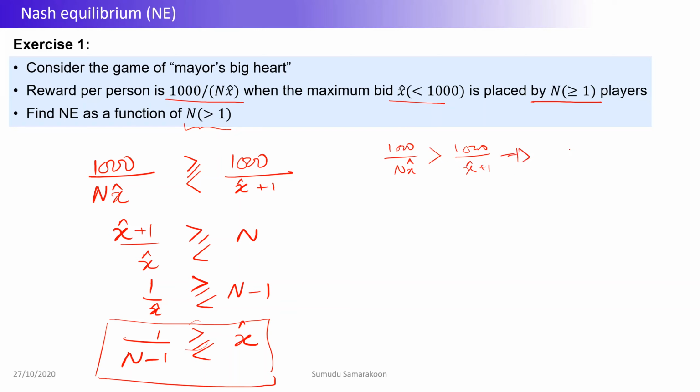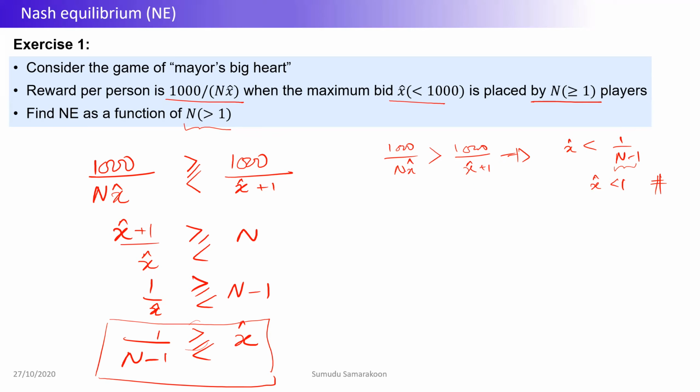This is achieved when x hat is, yes, the top one is less than 1 over n minus 1. Since we know n minus 1 is a positive integer, this part is going to be a fraction, which means x hat should be less than 1, which is a contradiction. We never achieve this scenario.